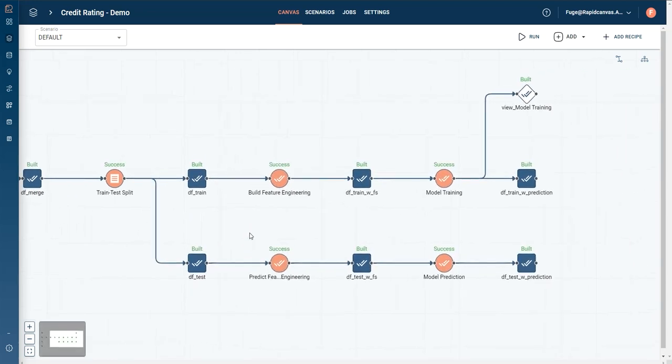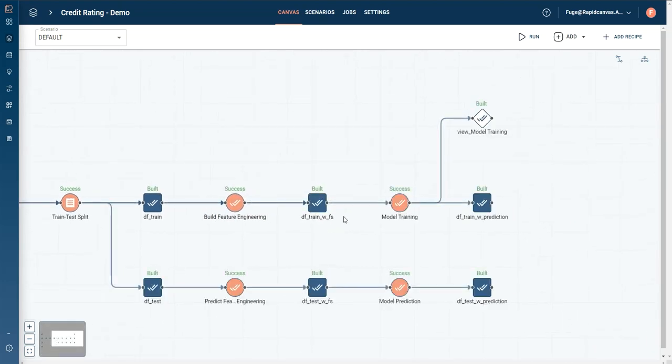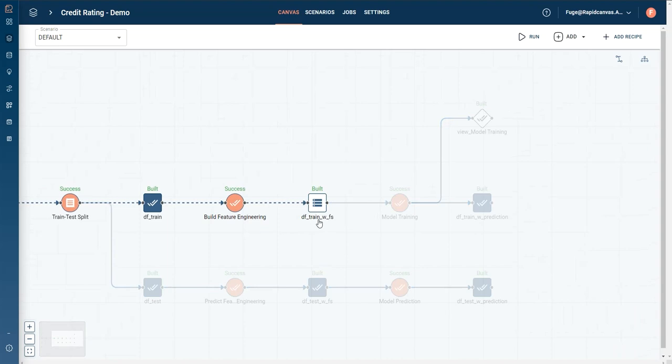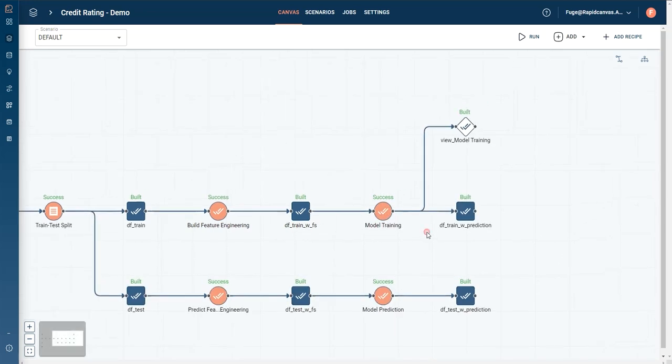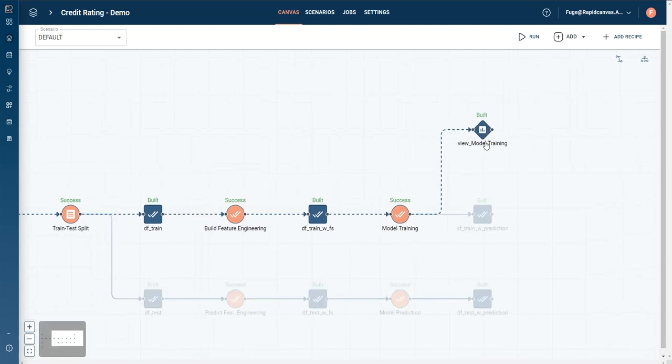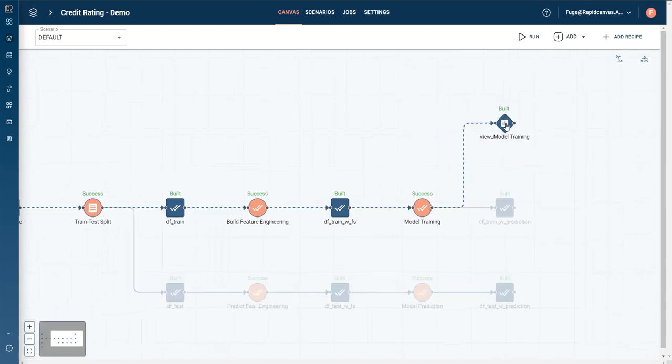That goes through the feature engineering step, and you end up with train data with feature selection and feature engineering. Then you continue to model training and generate the final results. This is a model, and we save the model as an artifact on the server side.